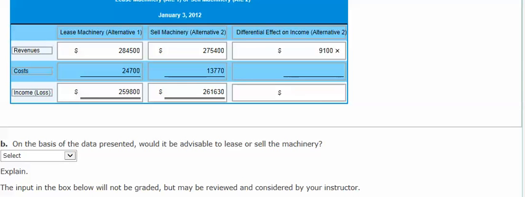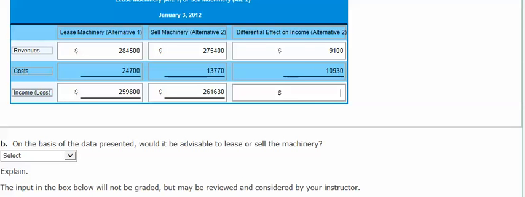So I'll generate $9,100 less revenue under alternative 1, but my differential expenses will also go down because under alternative 1, the expenses are $24,700 less alternative 2, $13,770. That looks like $10,930.